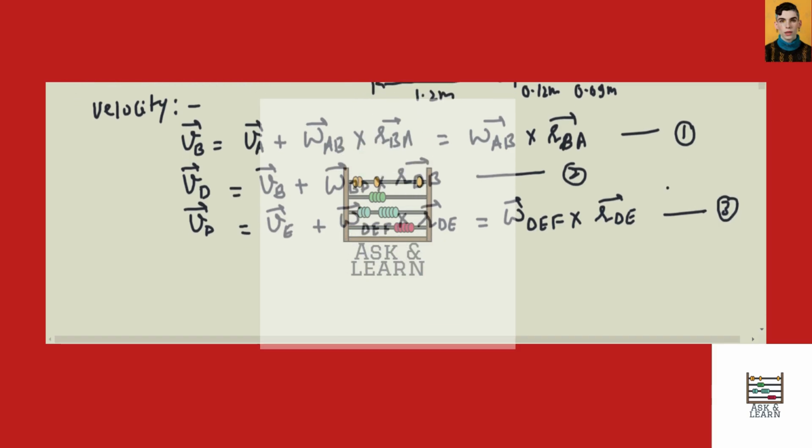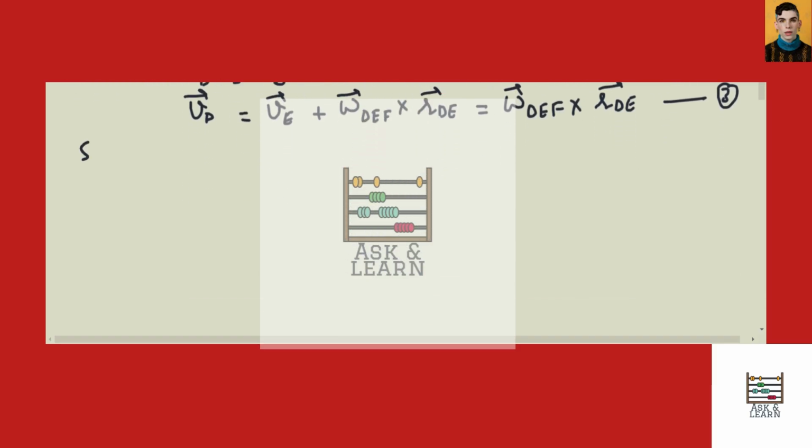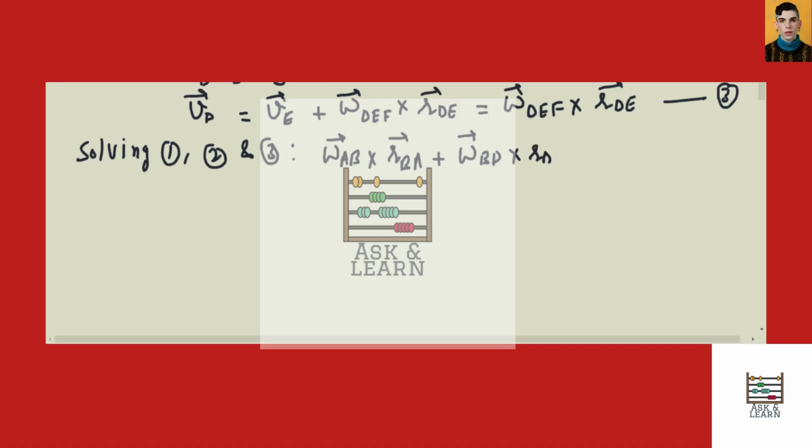By solving equations 1, 2 and 3, we can write omega AB cross r_BA vector plus omega BD cross r_DB vector is equal to omega DEF cross r_DE vector. Now substitute the values.